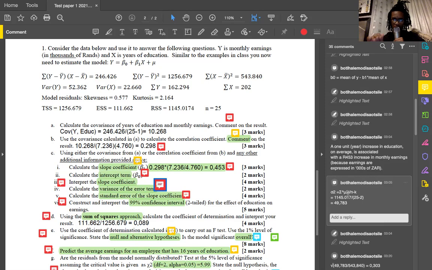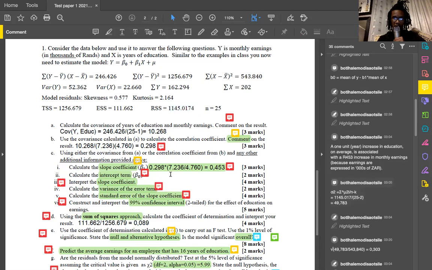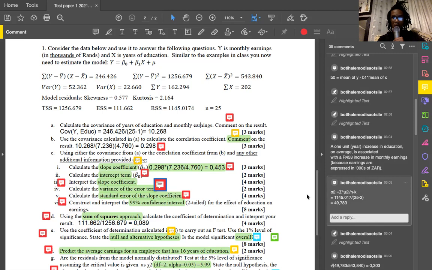So usually the variance of the error term is RSS divided by n minus k. So there's your RSS over there divided by n minus k. I think I also typed it there. So there you go. Maybe going a bit too fast, but this should make sense by now. And if you do have any questions, feel free to inbox me and then we can talk.